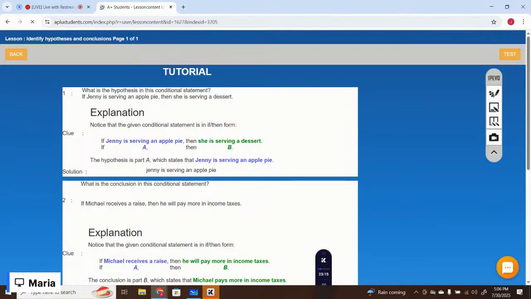If Jenny is serving an apple pie, then she is serving a dessert. If A then B, the A part is the hypothesis.